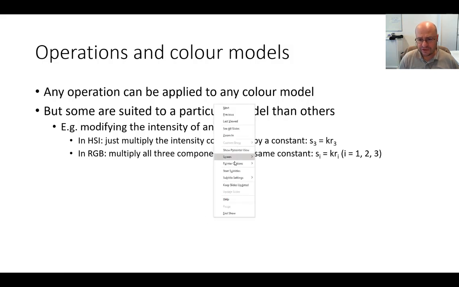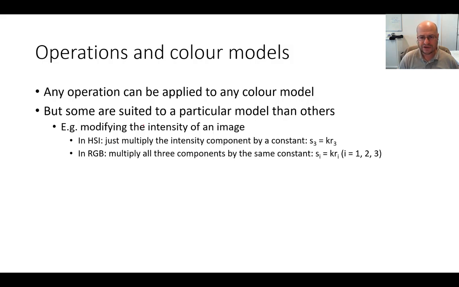So, for instance, let's take the example of modifying the intensity of the image. If we have an HSV or HSI, to modify the intensity of the image, I just need to get the I component or the V component, the value component, and multiply by a particular constant K. Very simple operation.